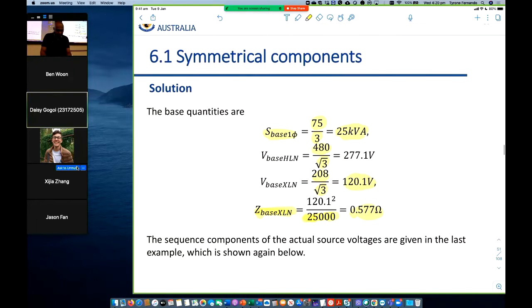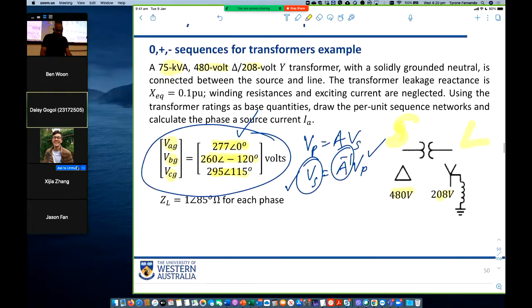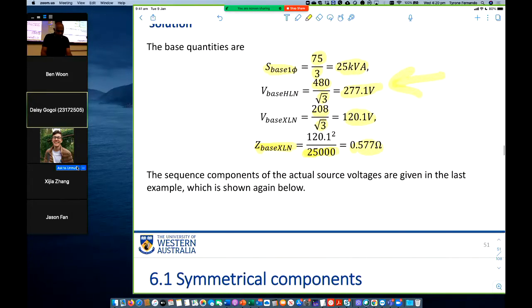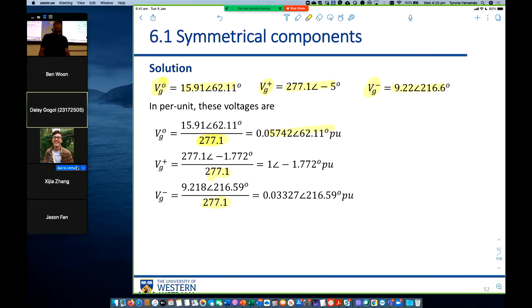Primary side, the voltage value is 277.1, because the generator is connected onto this side, that's the primary side, 480 divided by root 3. So by dividing by the base values on the primary side, we can calculate the per unit values of these sequence voltages for the generator.